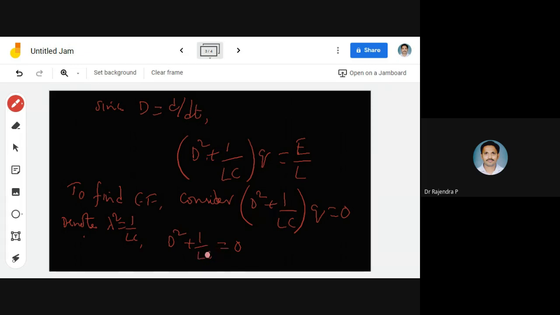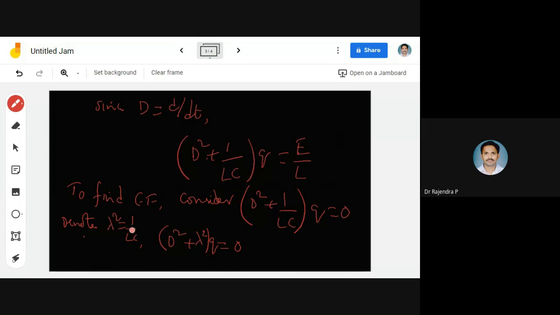Then here in this place, I'm going to get lambda square into Q, lambda square into Q, which is equal to 0. Okay. Just why I'm changing this, as I told you, for calculation purposes, it will be easy for us.